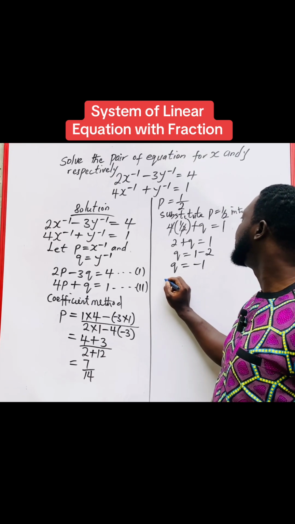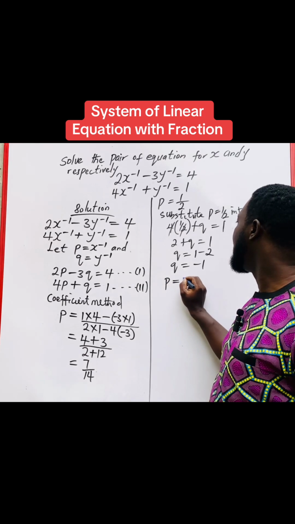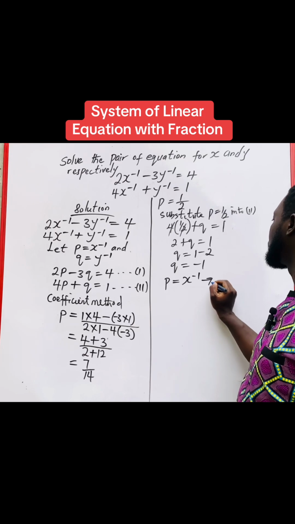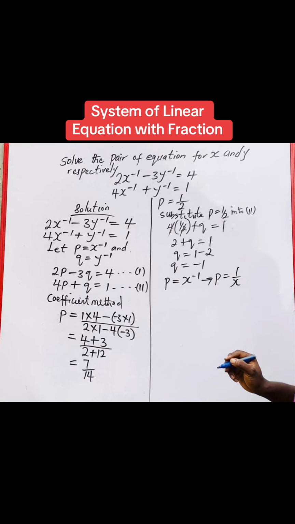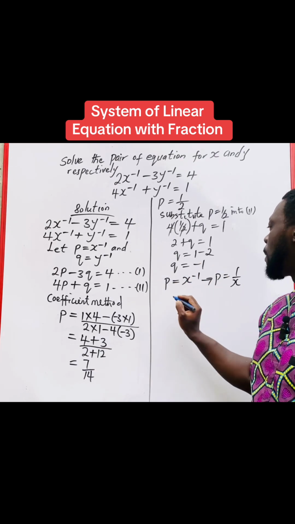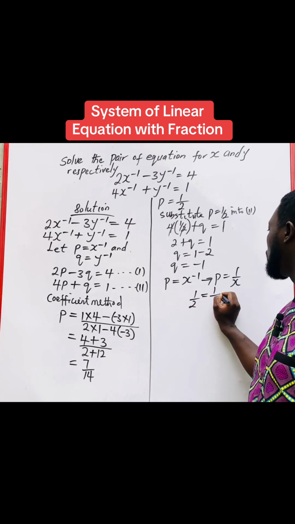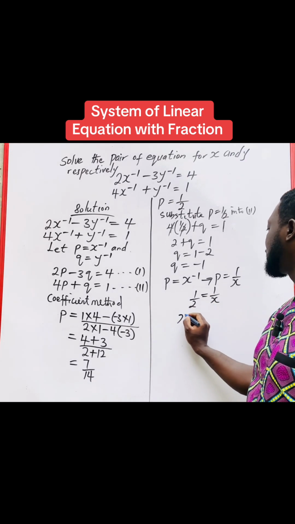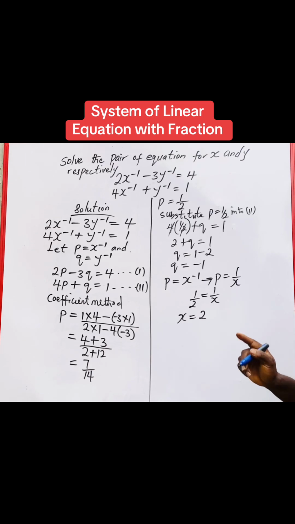So quickly you say p equal to x^-1, which implies that p is equal to 1 over x, right? So the value of p is 1 over 2. So you have 1 over 2 equal to 1 over x. So cross multiply, x implies 2. So the value of x is 2.